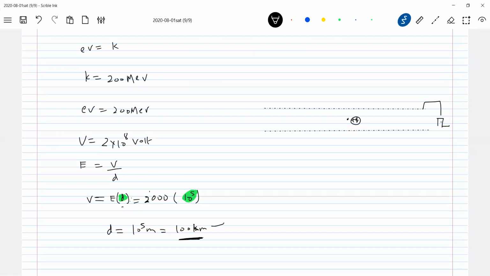Now in this gap there will be an electric field. How will it be directed? Let it be in this direction. This charged particle experiences a force, and because of this electric field it will accelerate. Then it will enter with a velocity, say v1.